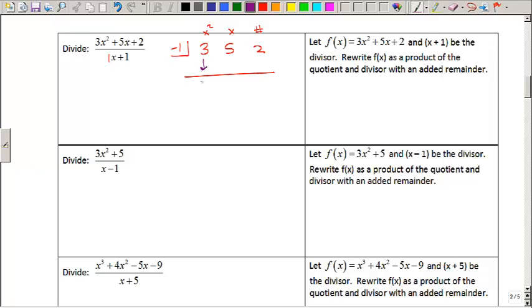First, I'm going to drop my 3, multiply 3 times negative 1 to get negative 3, and add down. Multiply, add, multiply, add. I'm getting 2. 2 times negative 1 is negative 2. Add down. A 0 tells me that I have a 0 remainder.